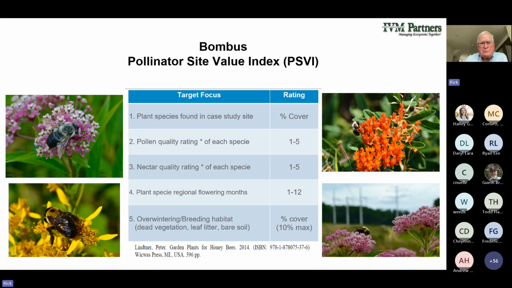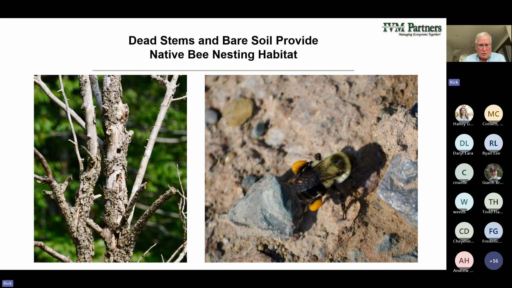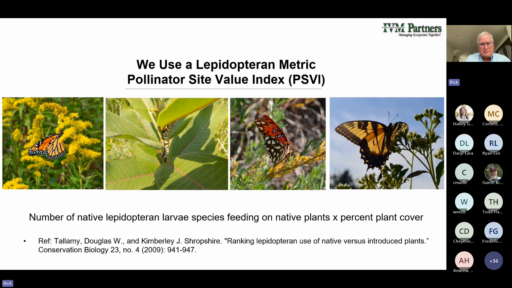But we look at what plant species are there, when do they flower, what percent cover, and then develop a rating of pollen and nectar value. And then also look at overwintering habitat so that they can nest. For our native bees, they're going to nest in the soil, or they're going to nest in dead stems like you would get from a herbicide application.